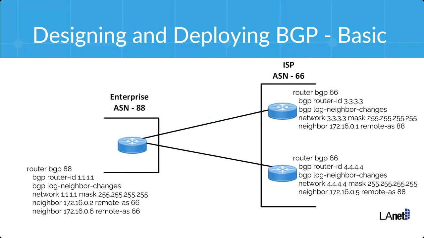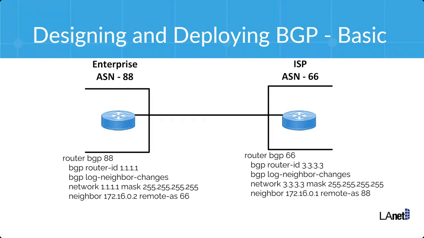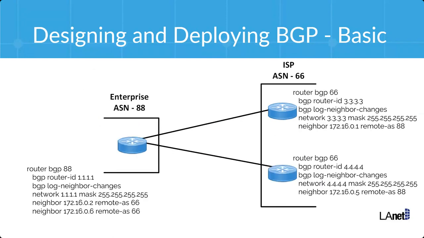So what if we want to do something a little more advanced, right? I've got a problem in this situation, which is if my router fails, I fail. If their router fails, I fail. If the link in between the two routers fails, we fail. Let's add a little redundancy. So we add a second router, but at the same ISP, right? Now if my router fails, I still fail.